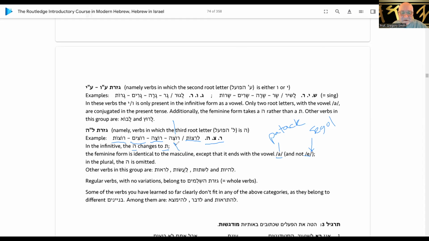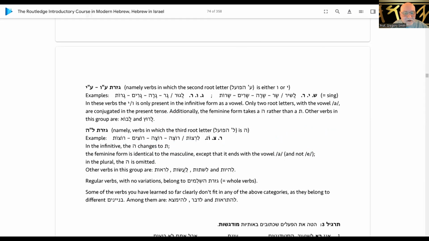Okay, so basically, that's what you see there. In the masculine singular, it's identified as segol, which is sort of an EH sound. And then here's the kametz. This is the A class vowel, and that's strictly in the feminine singular. That's what they're talking about here. In the plural, the hey is omitted. Okay, so we see that here.